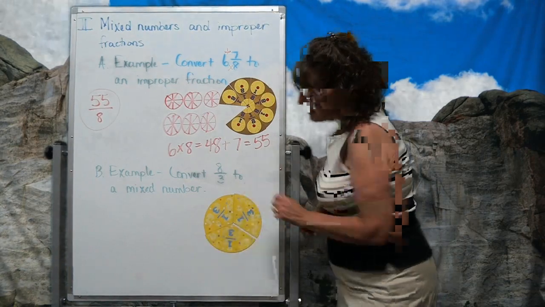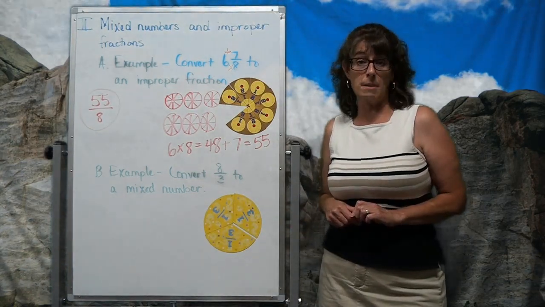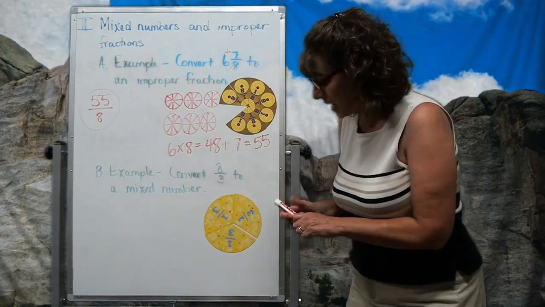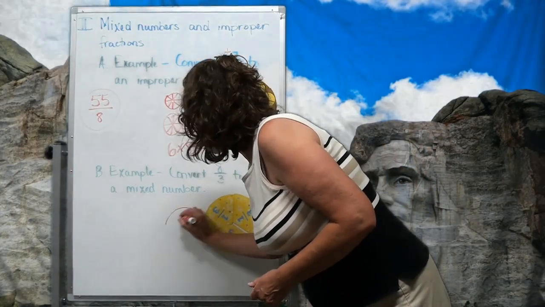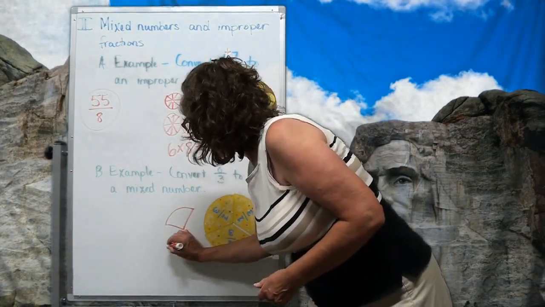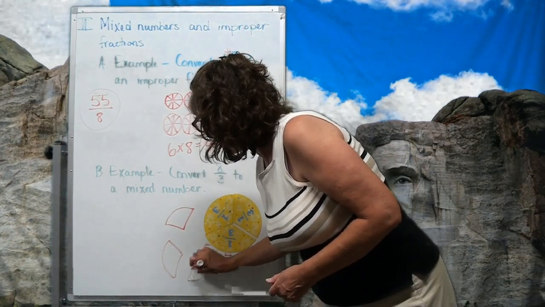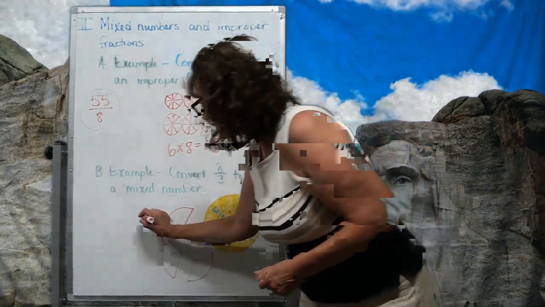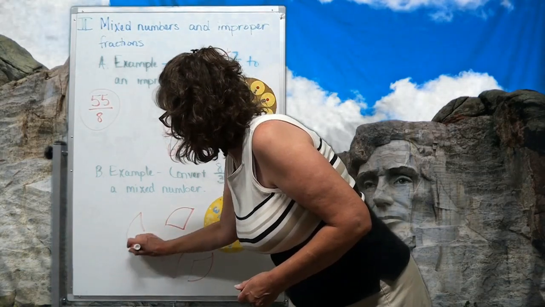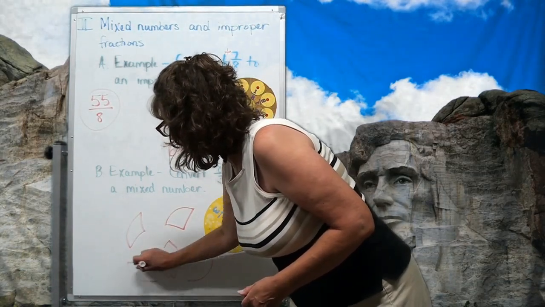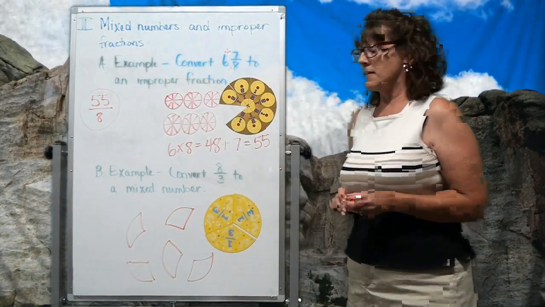But what this tells me is I have 8 of those types of pieces. So I have 3 here, plus another one sitting here, and another one here, that's 6, and another one here, that's 7, and another one here, that's 8.